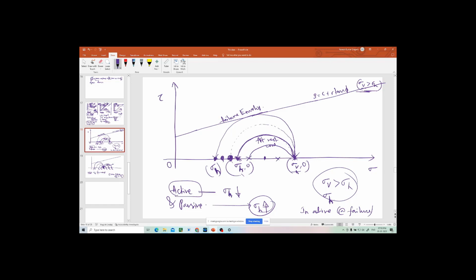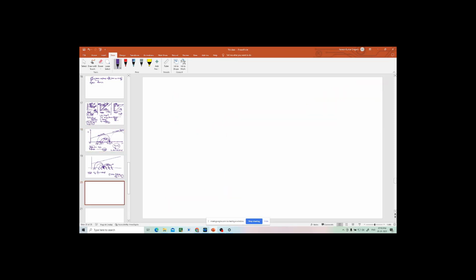Like that, at one point it will be the same, and continuously you are increasing, at one point it touches. So sigma h will be somewhere on that side. So in the passive condition, sigma h will be greater than sigma v.